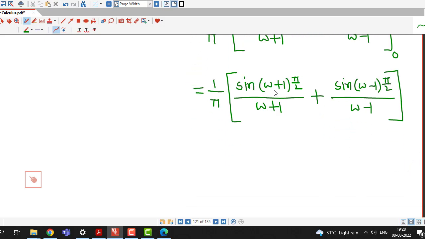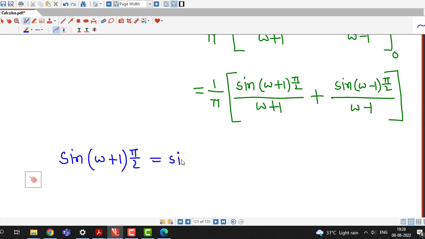Now we have to simplify these two functions, sin((omega plus 1) pi by 2) and sin((omega minus 1) pi by 2). Suppose we simplify the first, sin((omega plus 1) pi by 2).